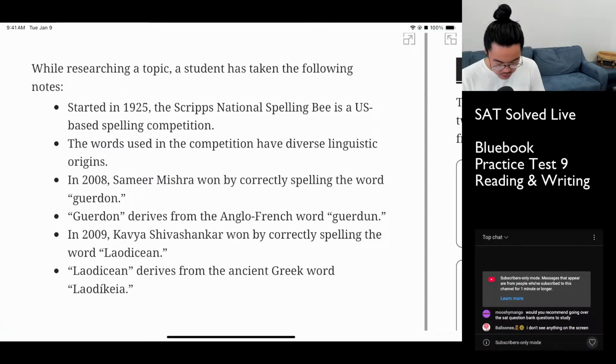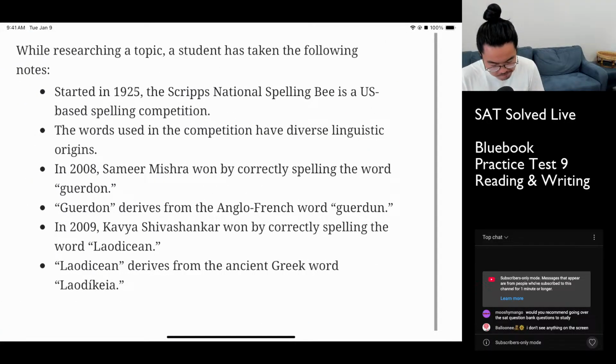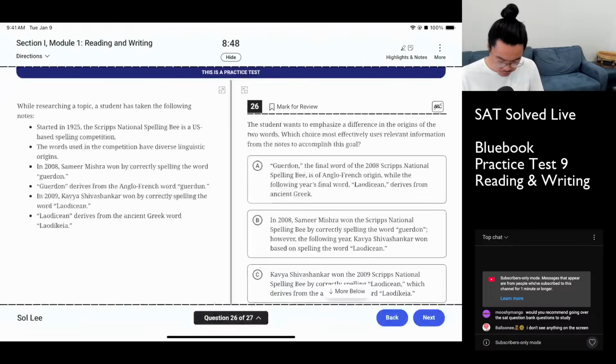Scripps National Spelling Bee, U.S. based spelling competition. How much time do I have? 9 minutes. It's a lot of time. Diverse linguistic origins. Guerdon comes from Anglo-French. Laodicean comes from ancient Greek. 1 year apart from each other, 2 different winners. And we're talking about the origins of the 2 words.